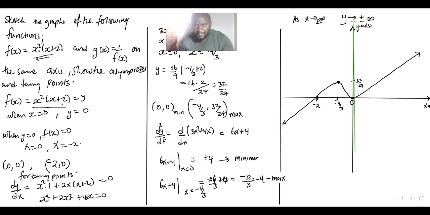So this is x is 0 is an asymptote. That one is an asymptote.